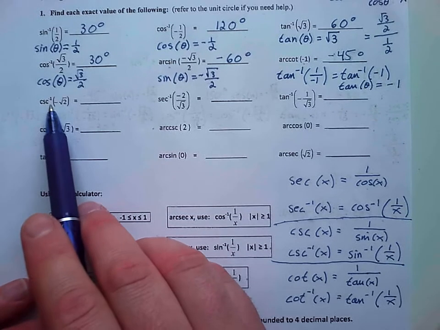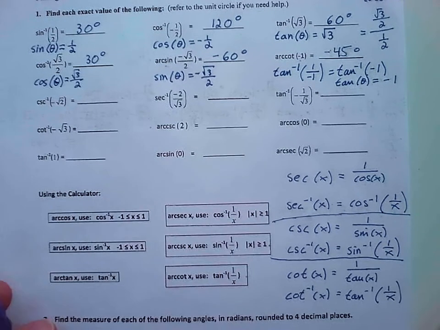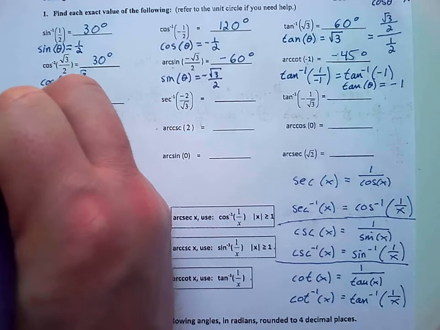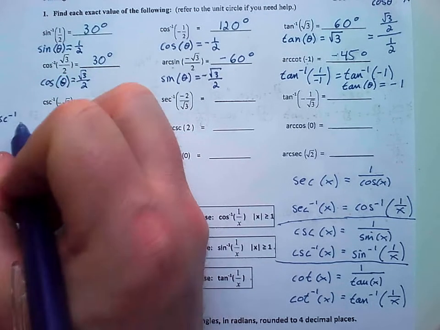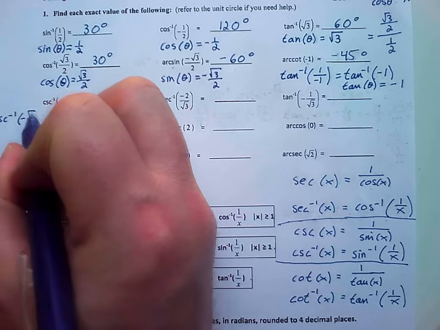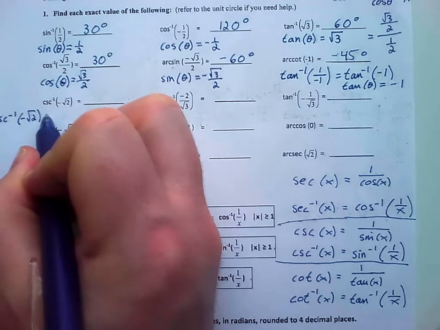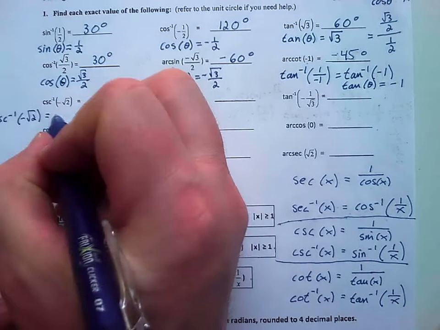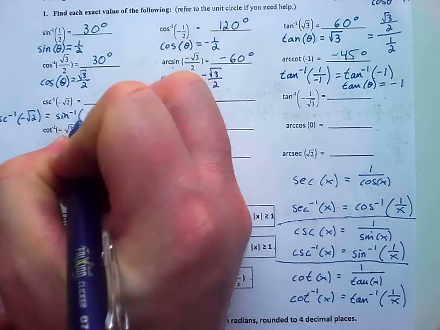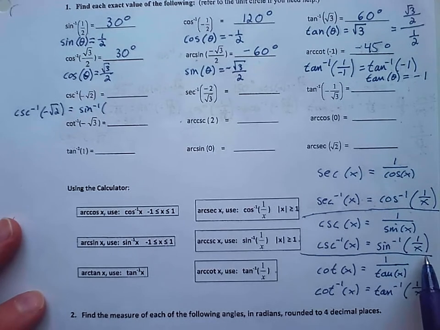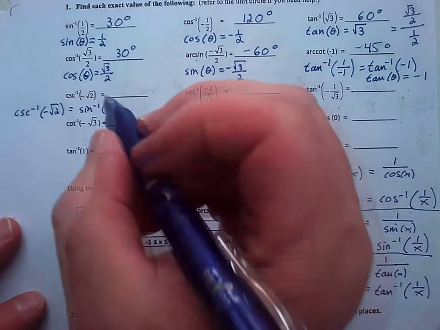All right, let's take a look at the inverse cosecant of negative square root of 2. So for the inverse cosecant, or the arc cosecant of negative square root of 2, this is the same thing as the arc sine of 1 over what we're plugging into the cosecant function.